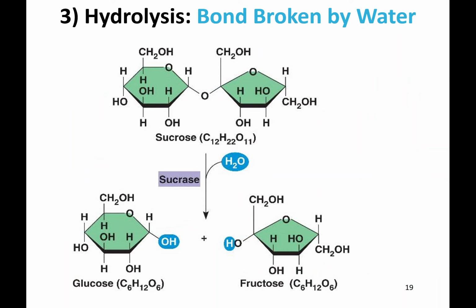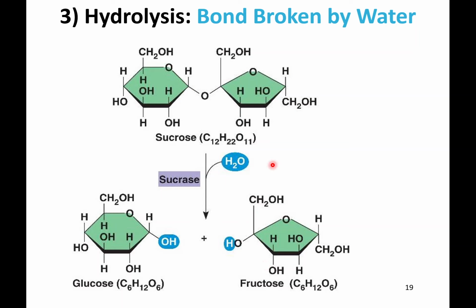The third type of reaction is hydrolysis. Lysis means break, and hydro means water. So you're breaking a bond with water. This enzyme sucrase will break the sucrose disaccharide bond using a water, and that's shown here.